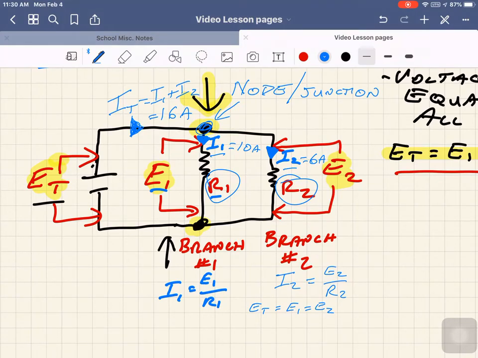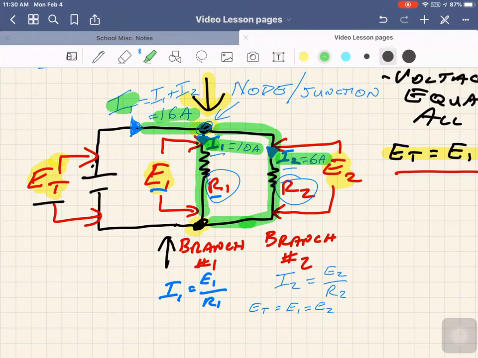So the law, Kirchhoff's law for current flow, states that the current flowing into a node has to equal the sum of the current flows exiting the node, right? So we had 10 amps and 6 amps in I2, right? Our I2 would have to be 16. So flowing into this node would have to equal the current flows leaving that node, and then back in this part of the circuit, it would also be the total, right?